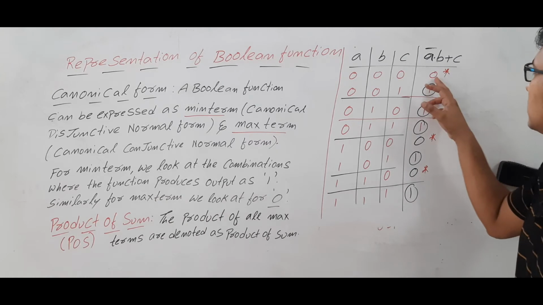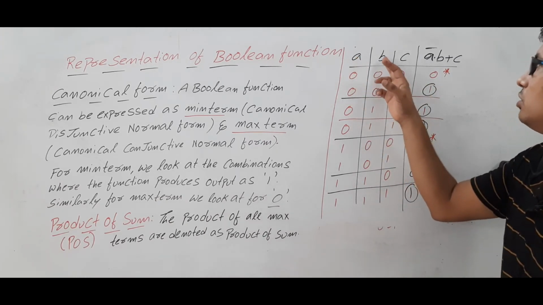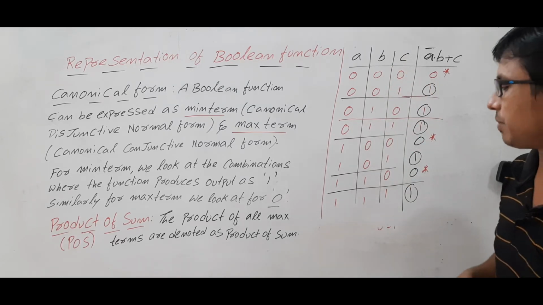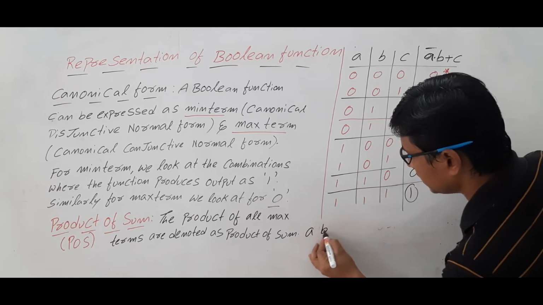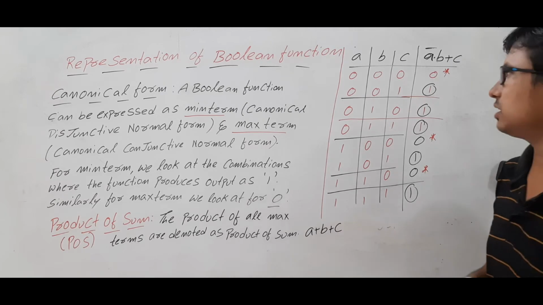How to represent? When it is 0, what are the values? A value is 0, B value is 0, C value is 0. So how to represent in a max term is A, B, C you will write. Are you able to understand it or not?